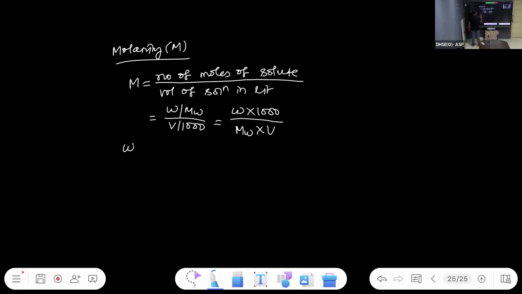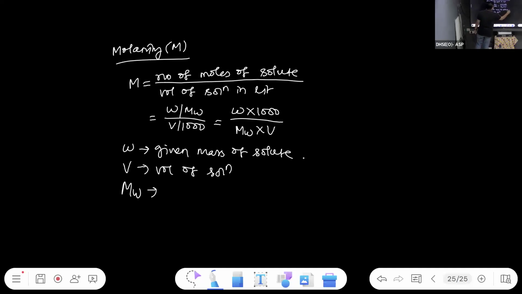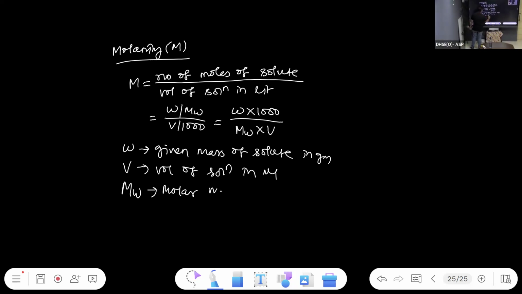So the meaning of the symbols: W is the given mass of the solute in gram, V is the volume of the solution in milliliter, and MW is the molar mass of the solute.